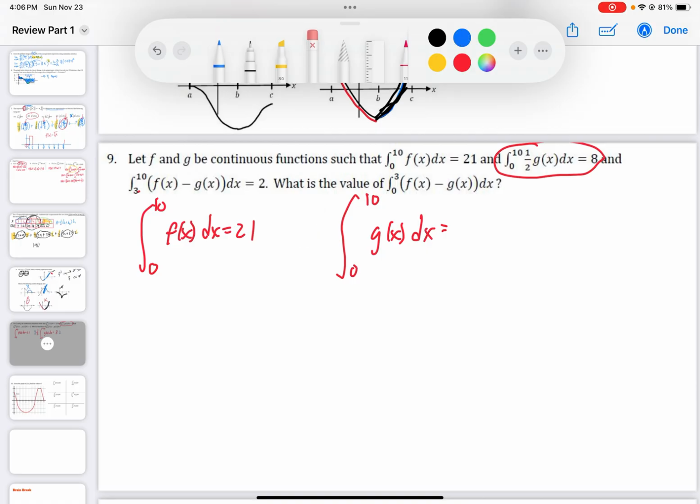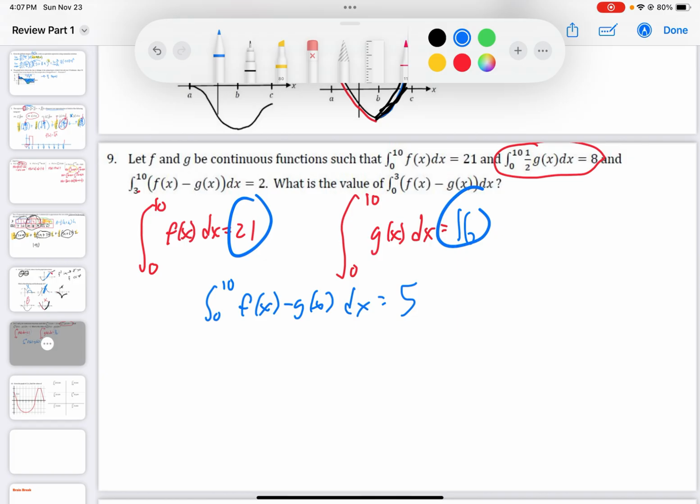So the whole thing from 0 to 10 of g would be 16. Okay, that's good. So if I subtract, that would just be 21 minus 16, so that's 5.